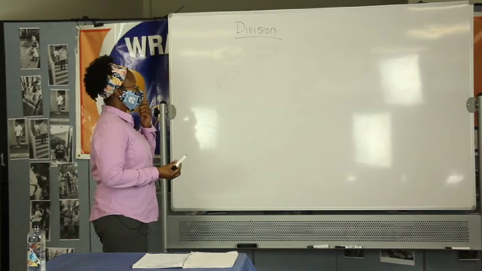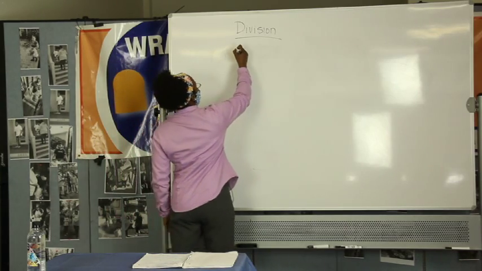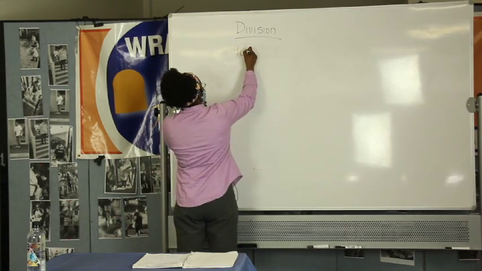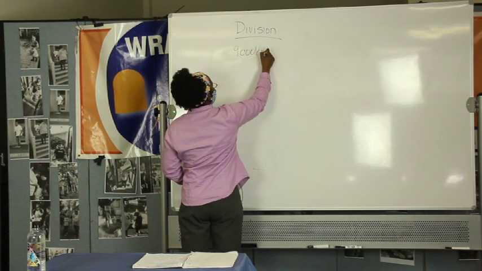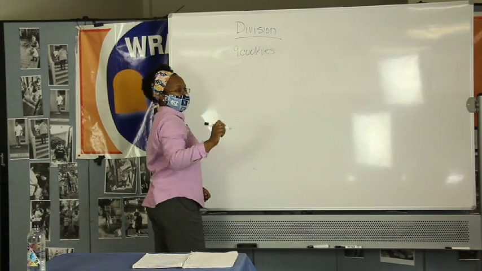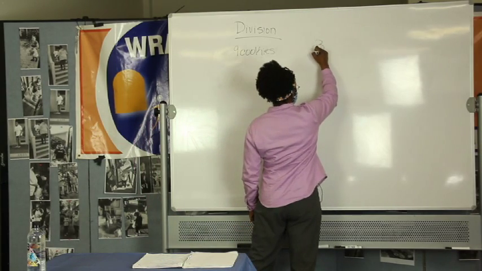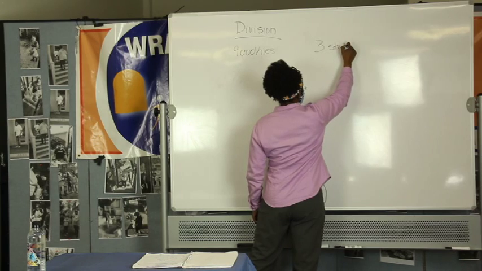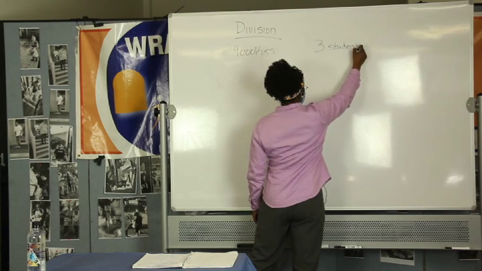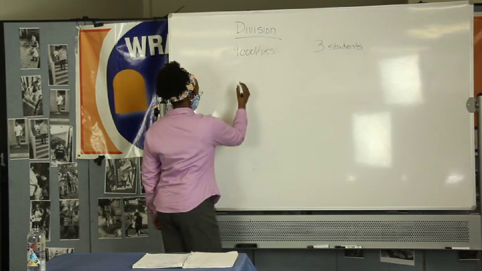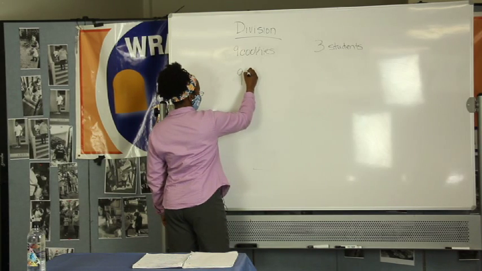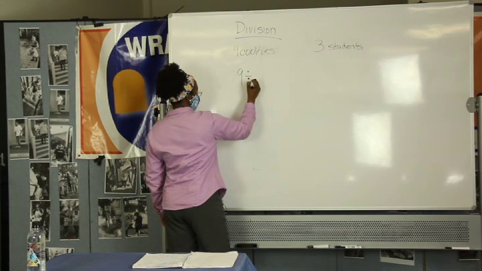All right, here's our next problem. So we now have 9 cookies. We're going to stick with the same thing, 9 cookies, except this time we're not going to draw the picture. And I want you to divide them between 3 students. So we're dividing 9. You're going to divide 9 divided by 3.